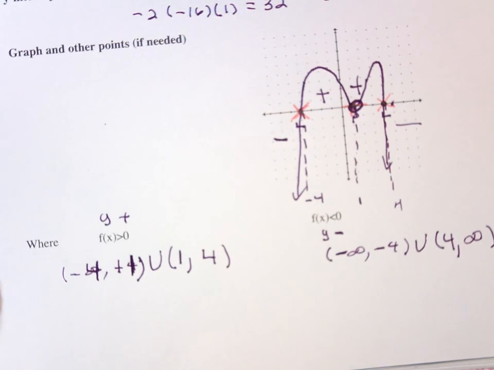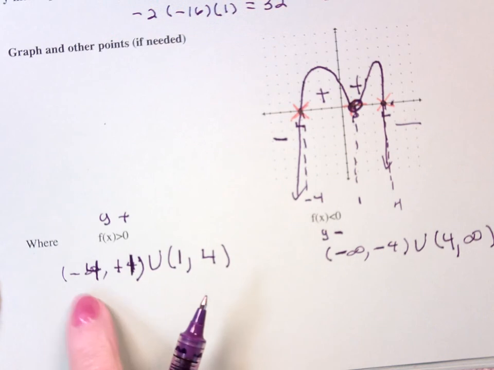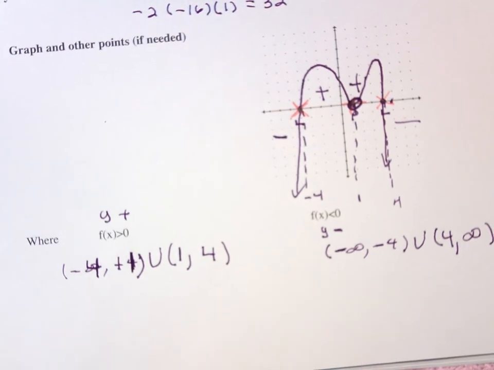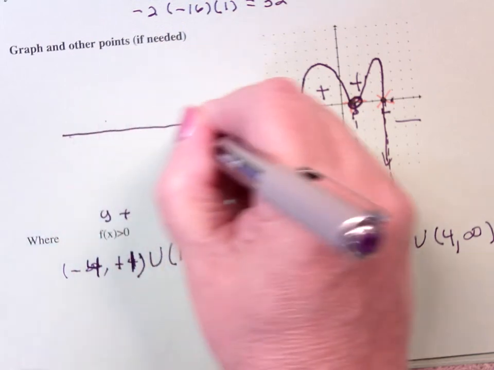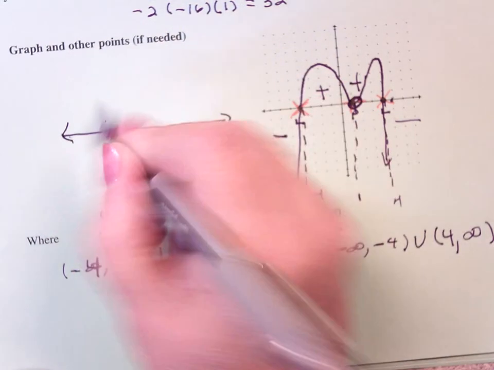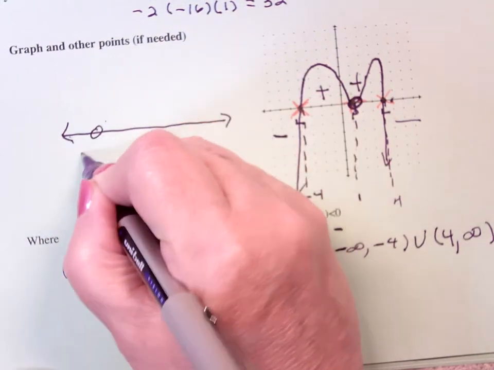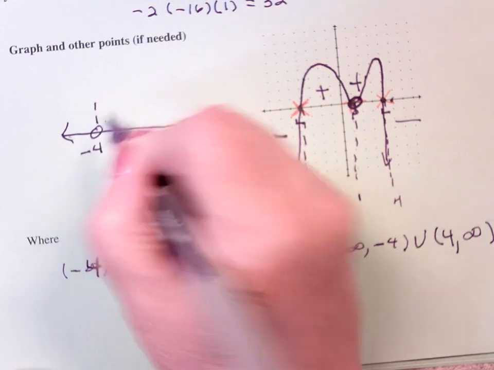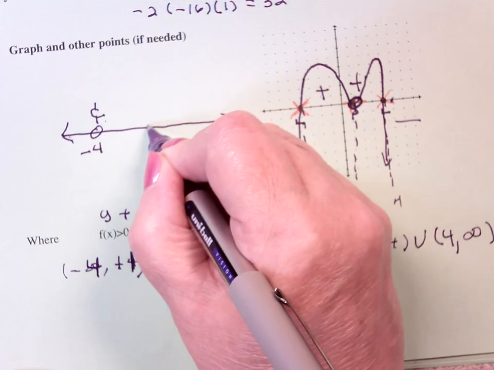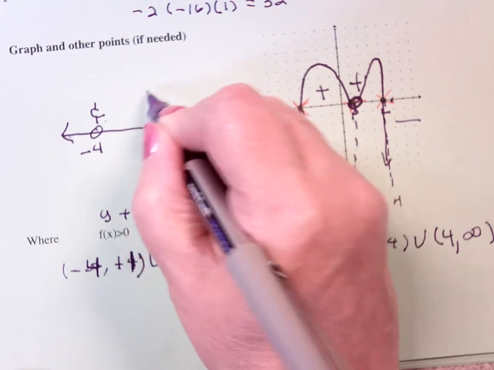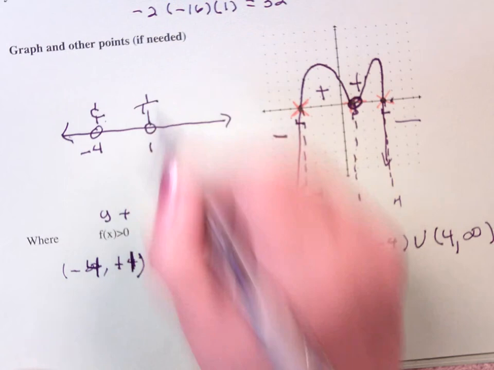Now, if it included, and it was greater than or equal to 0, then I could have gone from negative 4 to positive 4. But because it doesn't include that, when I look at this as a number line, I'd have negative 4, the graph crosses. I'd have positive 1, the graph touches.